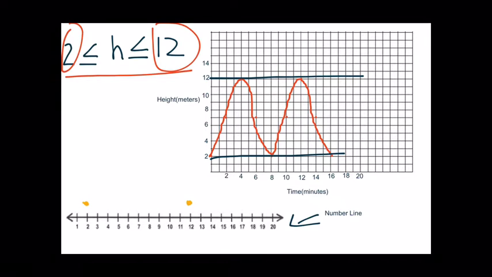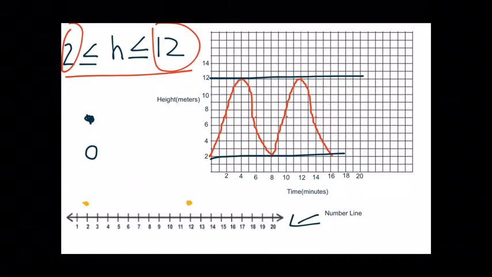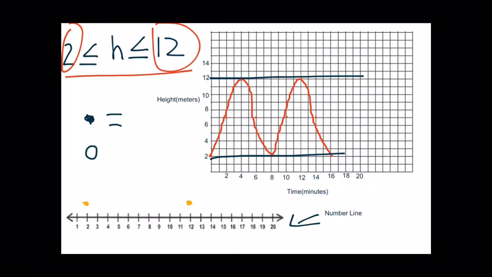There are two types of dot that can be put there. The first one is the filled dot, as we have just seen, and the second one is a dot that's not filled. A filled dot means that the current digit is included within the range of numbers in the inequality. So in this case, 2 is actually included because h can equal 2, so it's a filled dot.